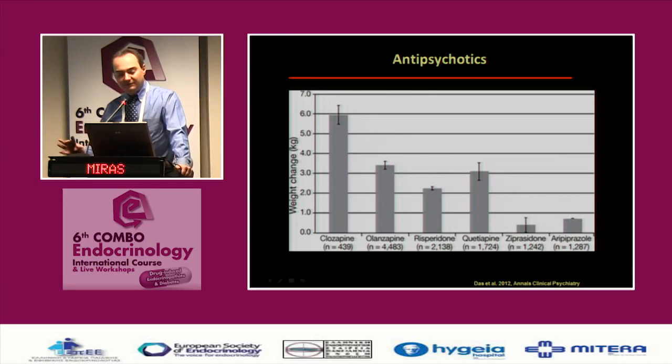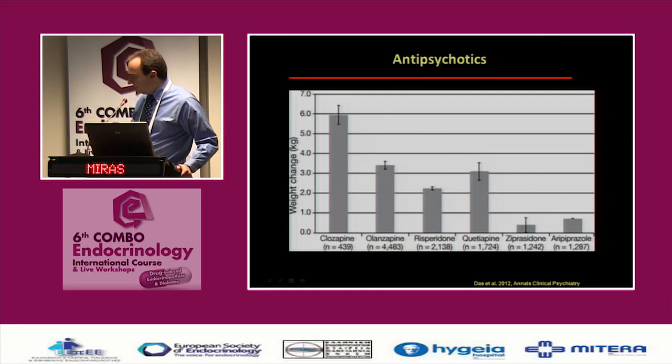Antipsychotics are terrible drugs. They might work for mental health disease, but their cardiometabolic side effects are horrific. Certainly the older generation, the clozapines and the olanzapines, you were seeing immense changes in weight. And they tend to be dose dependent. They tend to be, obviously, the more compliant the patient is, the more weight they put on.